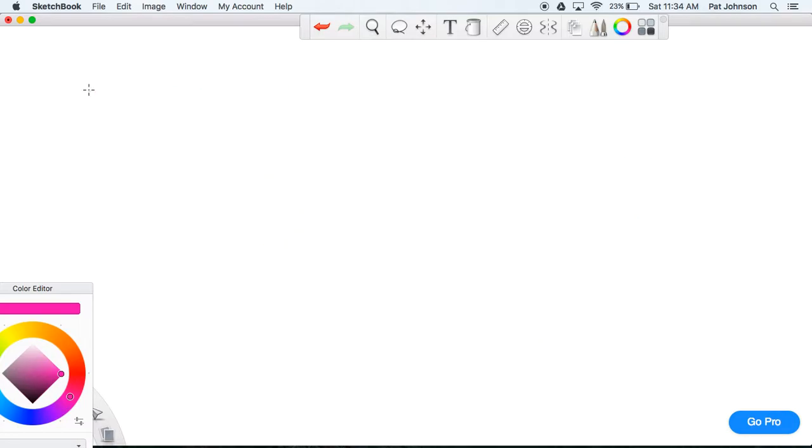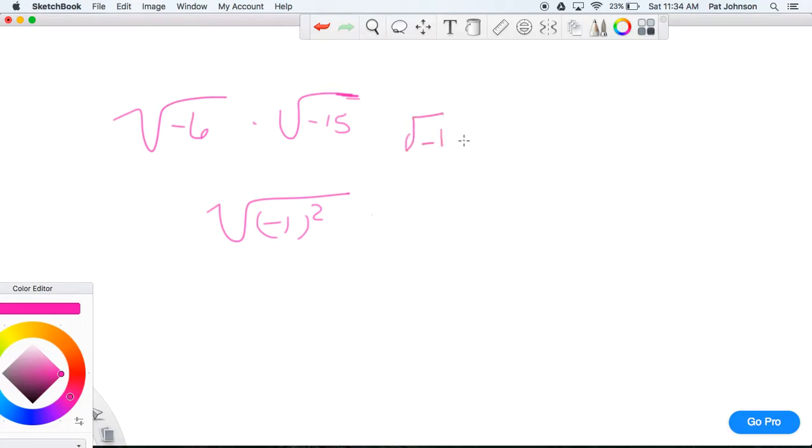Let's try another one. Can I do negative square root of 6 times square root of negative 15? The rule for multiplying is you just have to have the same index. I do. So I can look at it as negative 1 times the square root of 6, times the square root of negative 1, times the square root of 15.